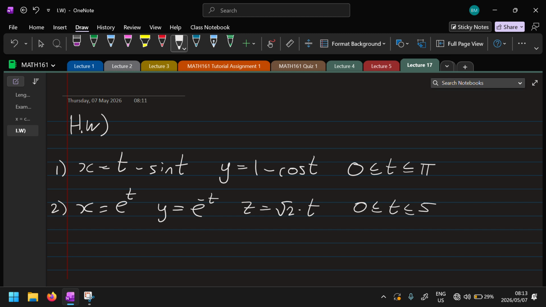Pretty straightforward. Find your derivative, substitute, and then in the first one you're going to have some trig integral to solve because of that sine and cos. Any questions before we move on? All good. Okay.